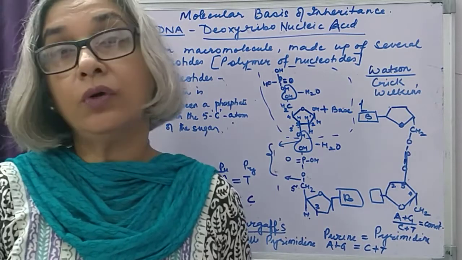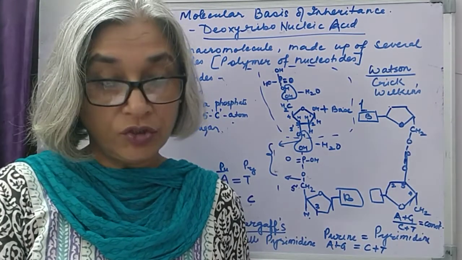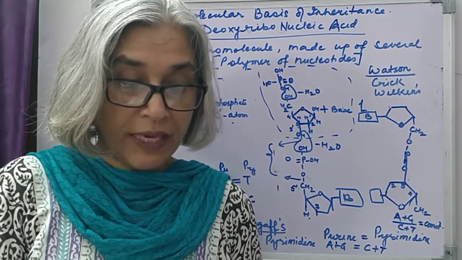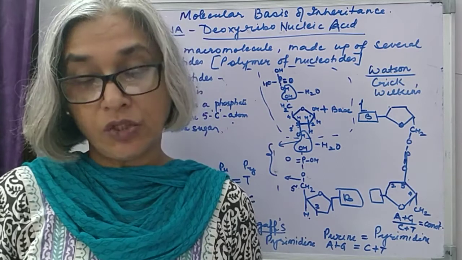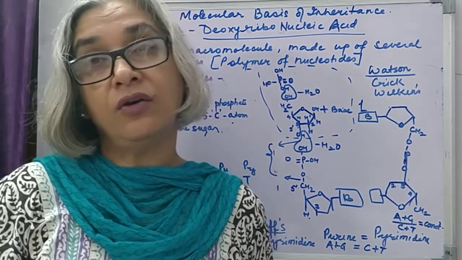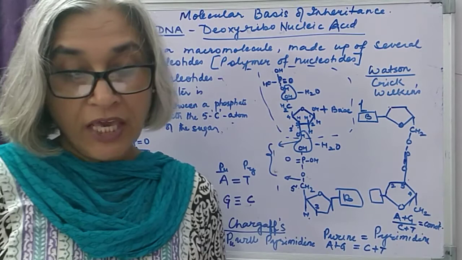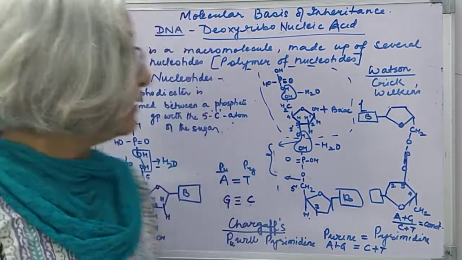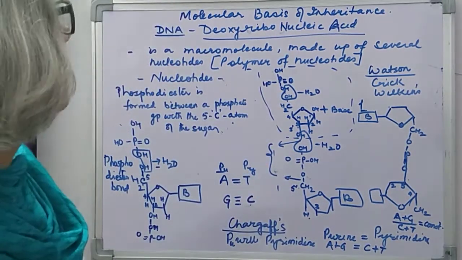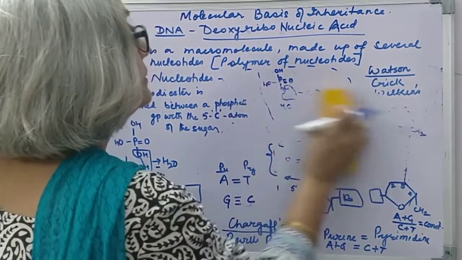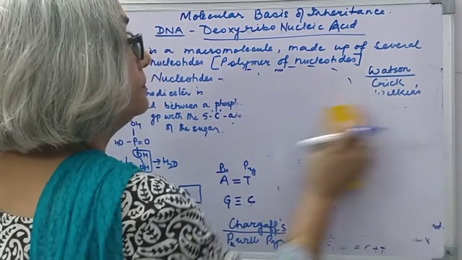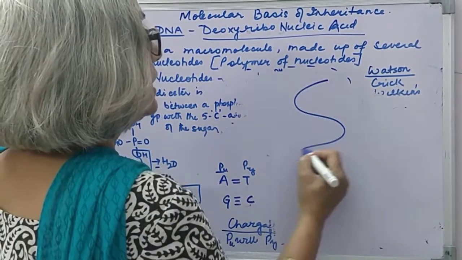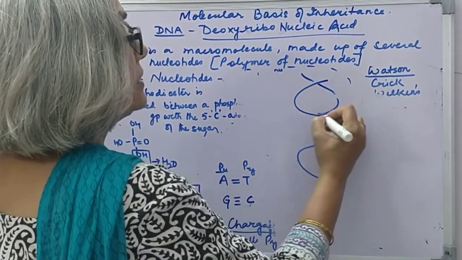Now coming to the salient features of Watson and Crick's model for DNA. It says the DNA molecule consists of two polynucleotide chains, or we call them strands of DNA. These chains form a double helix like a spiral staircase. That is, when we say double helix, it means if one strand is like this, the other strand is like this.